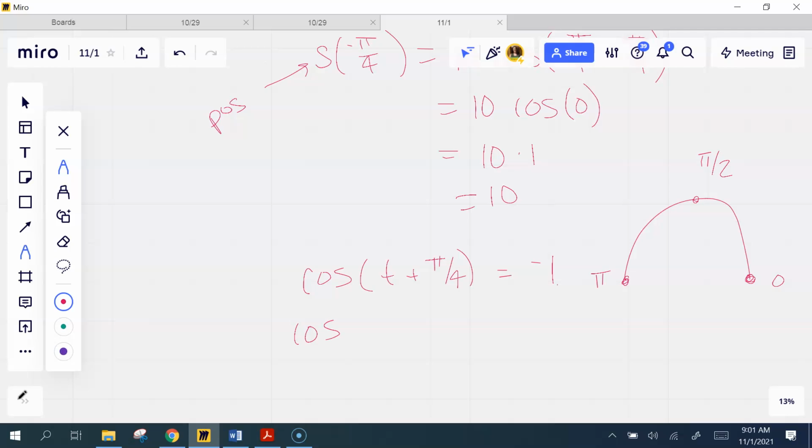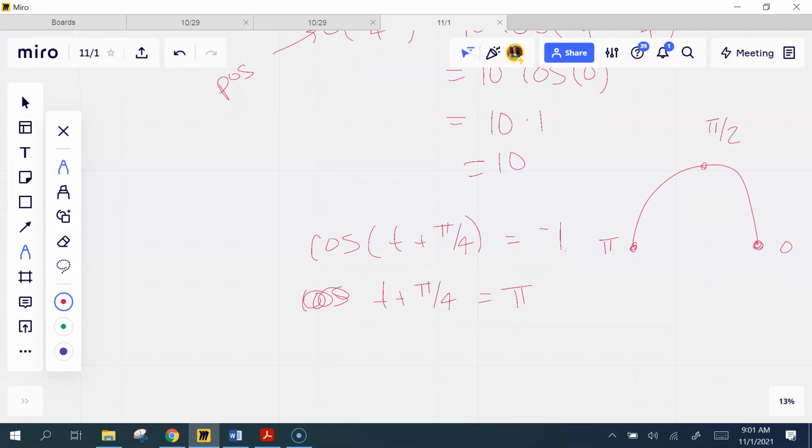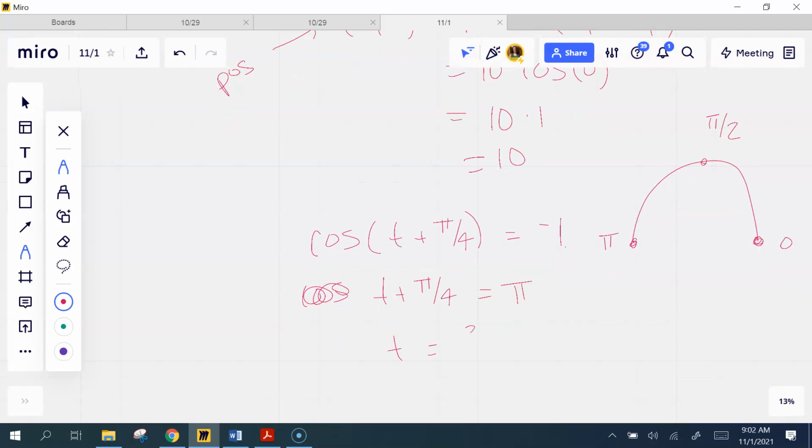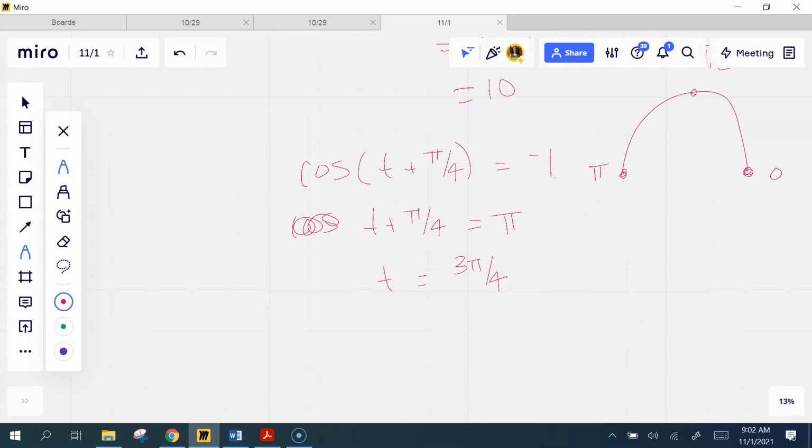So t plus pi over 4 equals pi. Now I can subtract pi over 4, so it leaves me with 3 pi over 4.